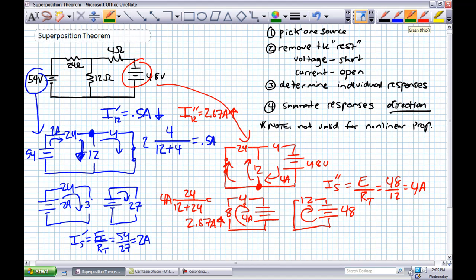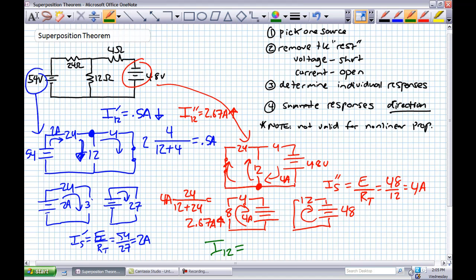Okay, so let's switch our pens again. I12, the final I12 that we're looking for, is equal to the algebraic sum of the individual responses, I12 prime, I12 double prime, taking into consideration direction. Who wins, 2.67 up or 0.5 amps down?